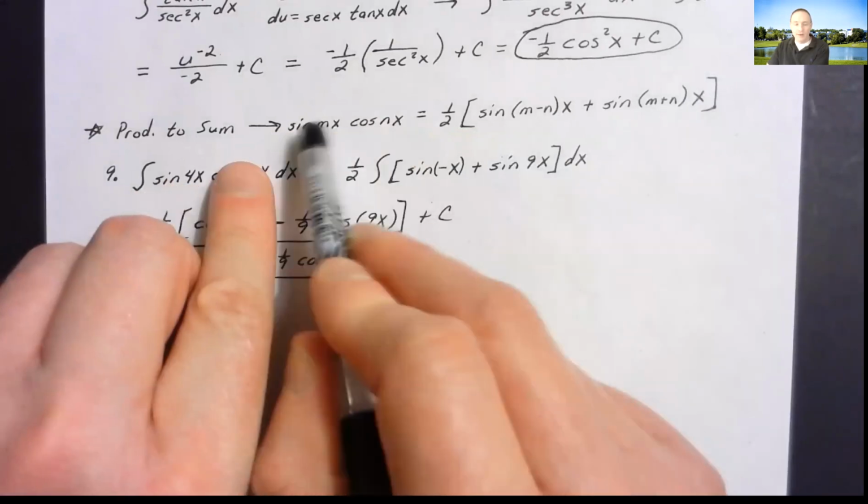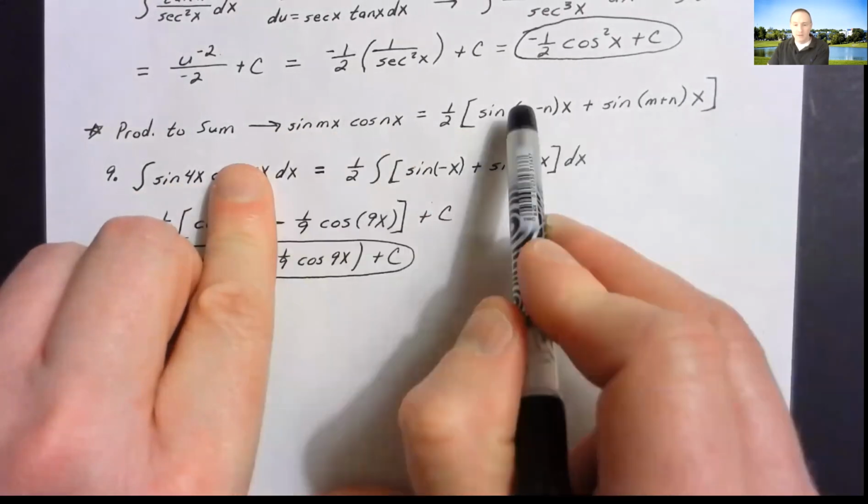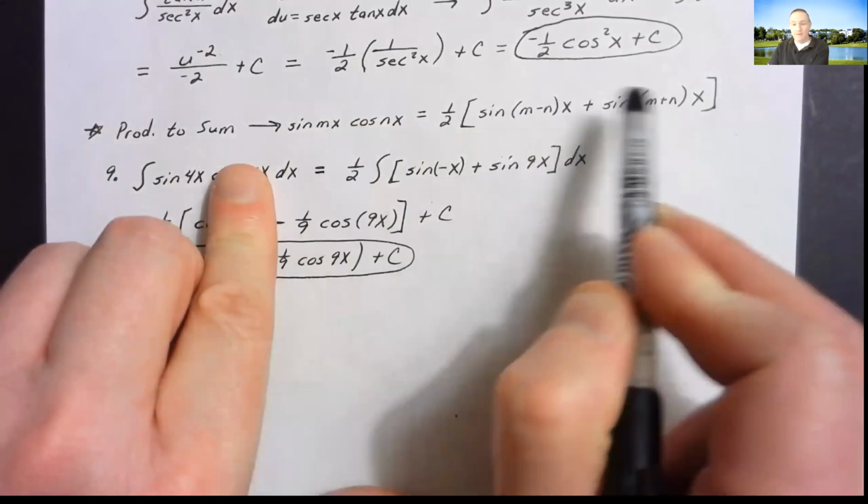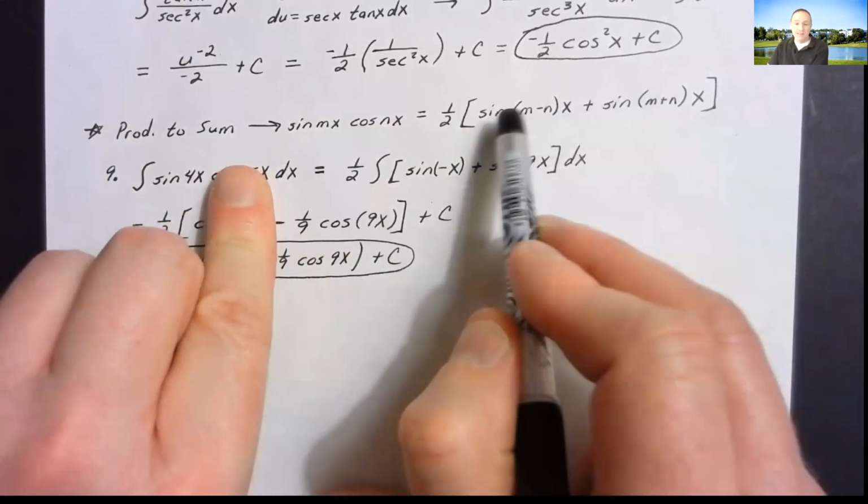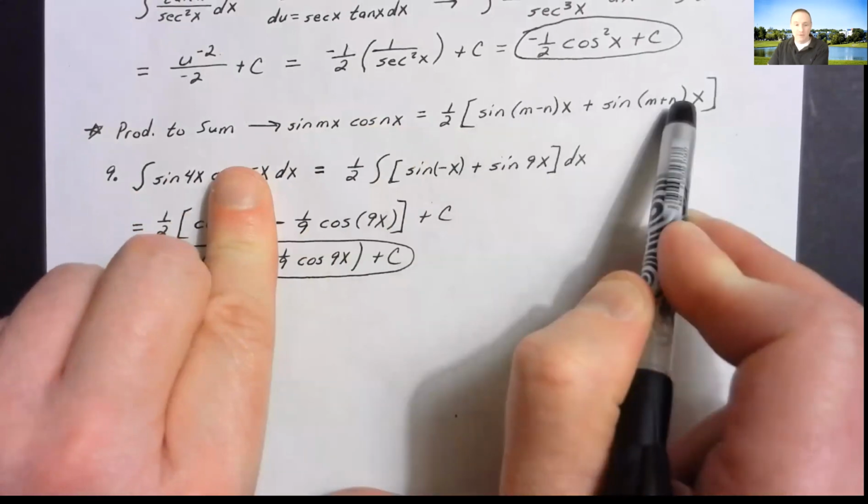So it took a product of a sine and a cosine and turned it into a sum of two sine functions. That's wonderful because it's easy to integrate these two sine functions after you've done that.